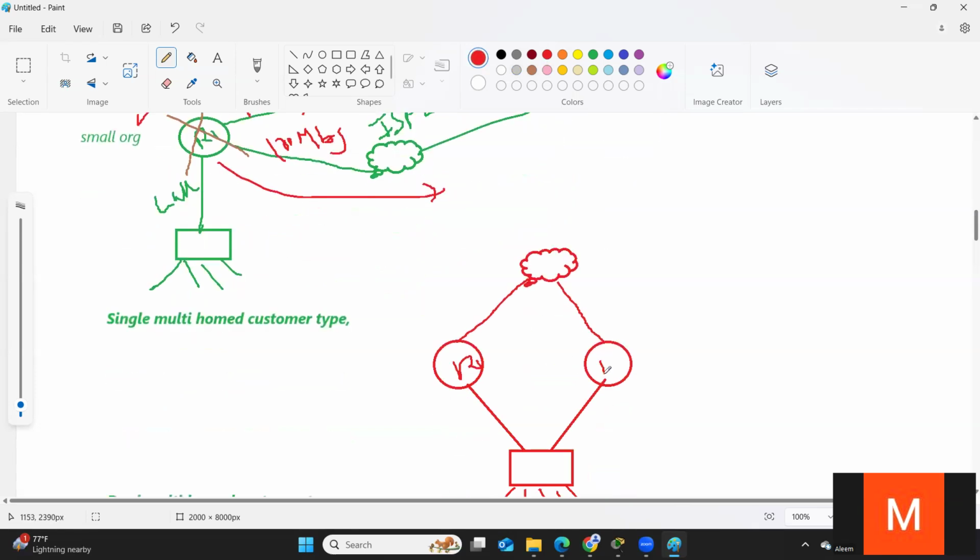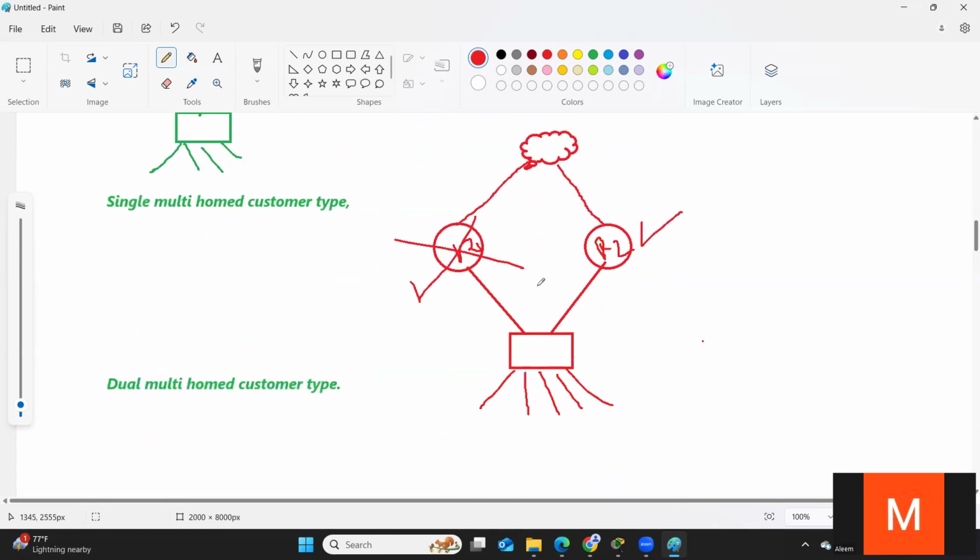But in this scenario, we have routers R1 and R2. If one router goes down, we have another path. So this is the single multi-homed customer type. Yes, here we will definitely use the BGP routing protocol. This scenario happens in some branch offices.